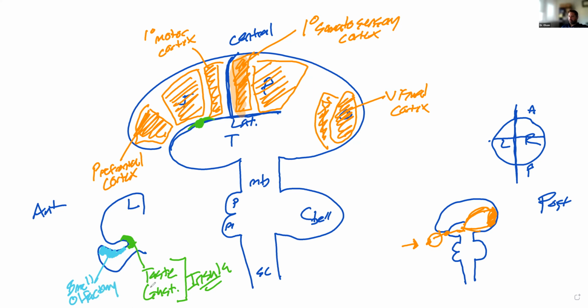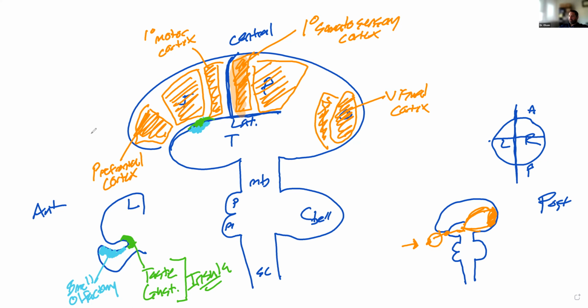So you have your gustatory cortex, also named the insula, and your olfactory cortex along the lateral sulcus here. And so we put the same color here.